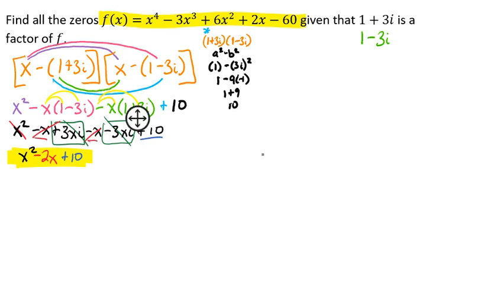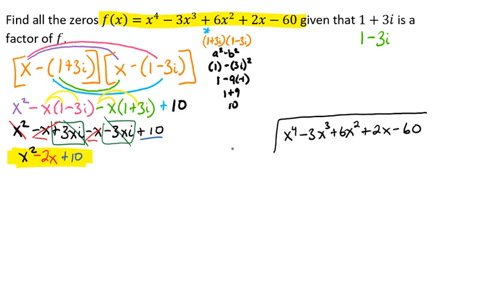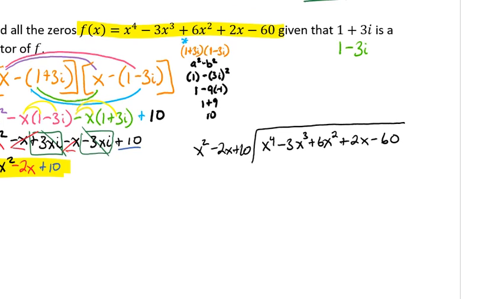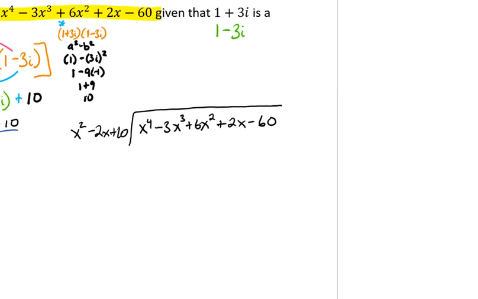We're doing x to the fourth minus 3x to the third plus 6x squared plus 2x minus 60, and we're going to be dividing that by our x squared minus 2x plus 10. All right, so go ahead and scoot this over so we have some room to work.